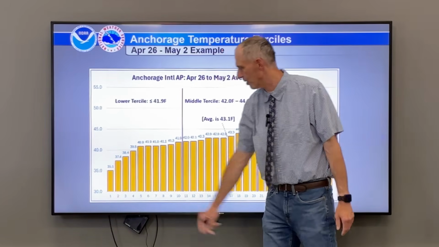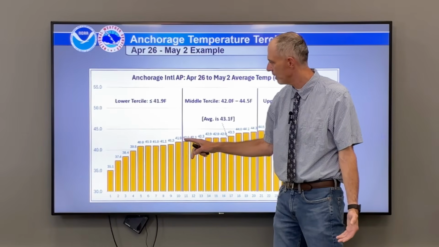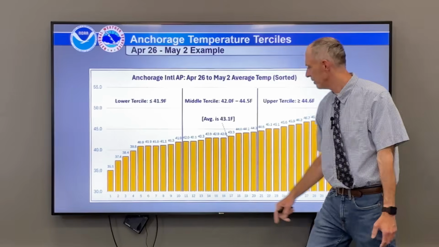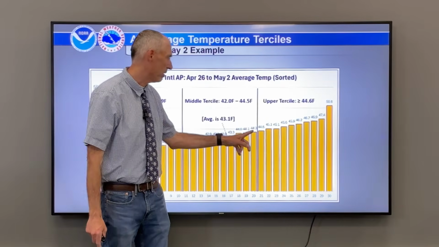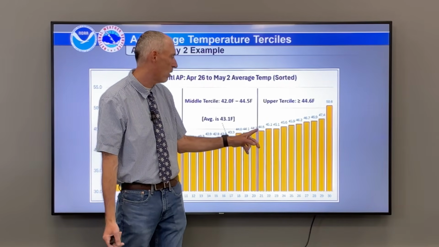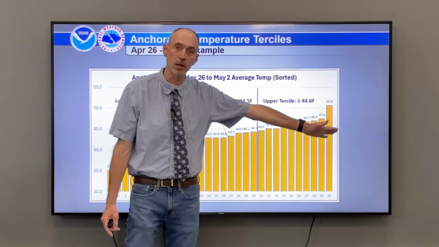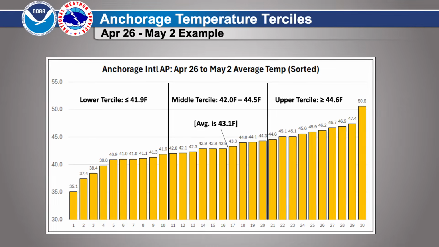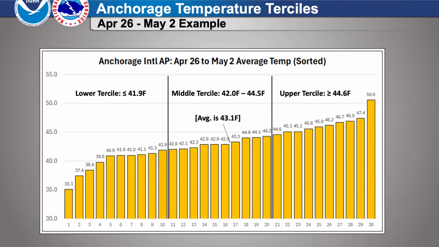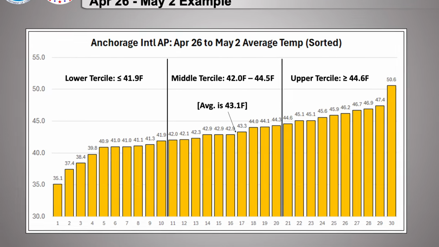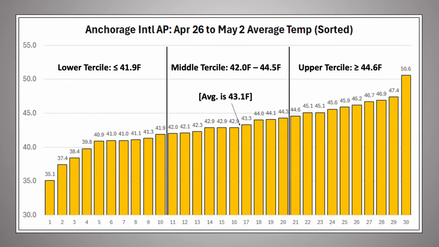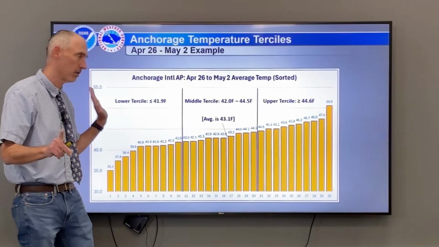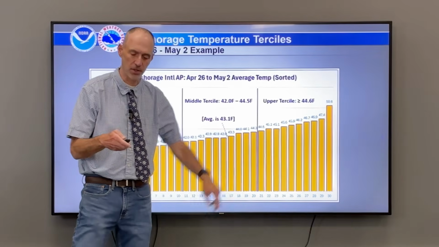We have the lowest third, which is everything 41.9 degrees or lower. We have the upper third, which is everything 44.6 degrees and warmer, and the middle third, which is in between. Okay, so thirds of the distribution. We are not splitting this in half. We're not saying warmest half, coolest half. Thirds. It's very important. Thirds.